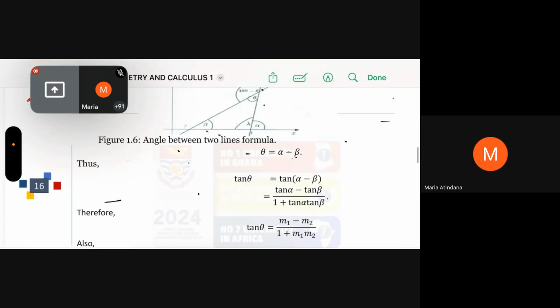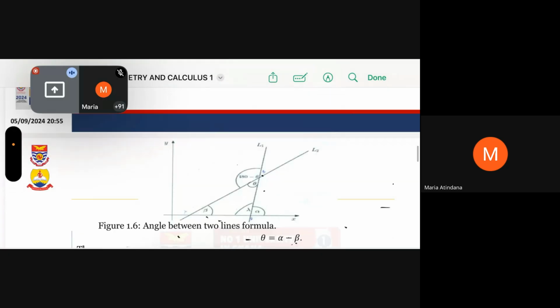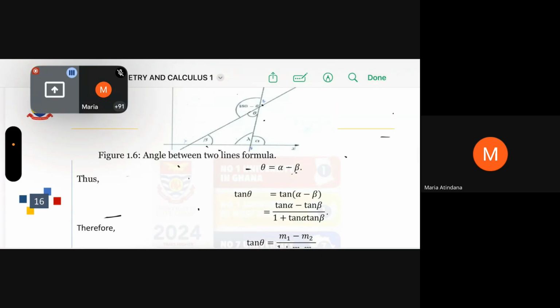My 180 can go with 180, then my theta will be equal to alpha minus beta. Then I can take tan on both sides so that I'm going to get tan theta is equal to tan of alpha minus beta. Are you with me?